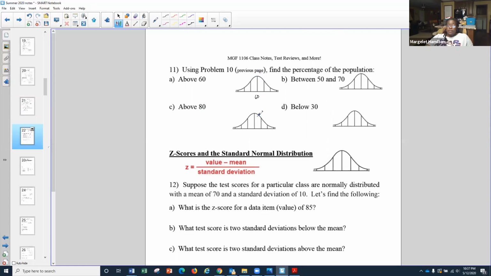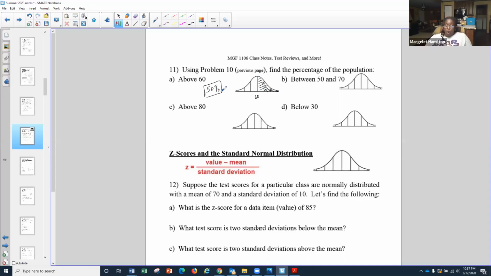They want to know what is the percentage of the population above 60. So above 60 would be all of this right here, all the way down to that little tidbit. So what amount of percentage would this be of our population? Wouldn't this be half of the graph? So that'd be 50%, wouldn't it? That's right. 50%.